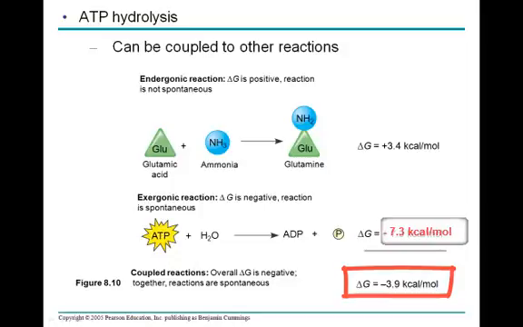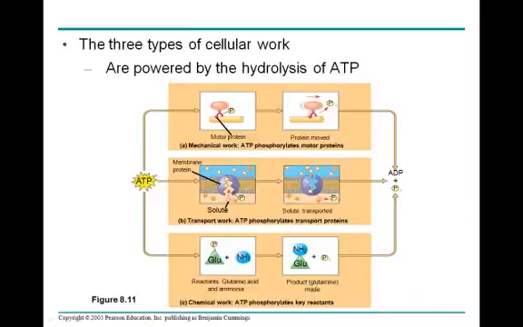There are three different types of cellular work, all powered by the hydrolysis of ATP: mechanical work, transport work, and chemical work. Mechanical work, in the example here, is something we find in our muscle cells with the two proteins actin and myosin.